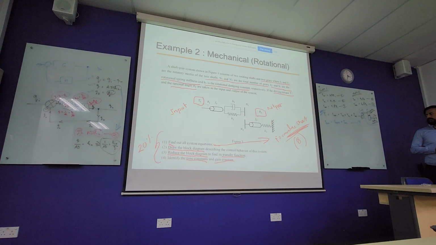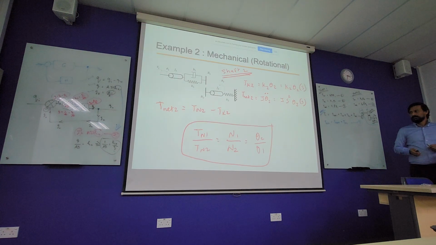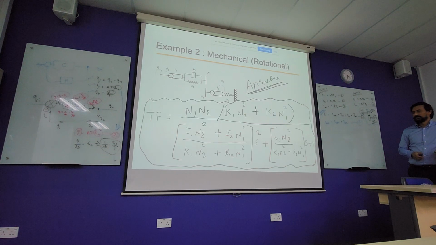So the equations are now completed. All these equations you need to reduce further, using the differential method or the block diagram method. Of course, this is the general formula for understanding, for the star and versus speed and angle.